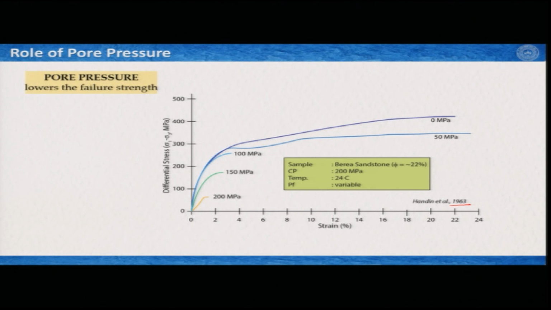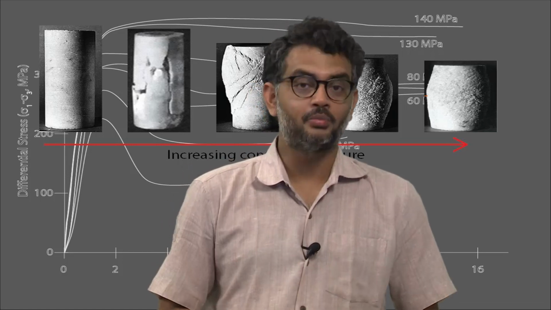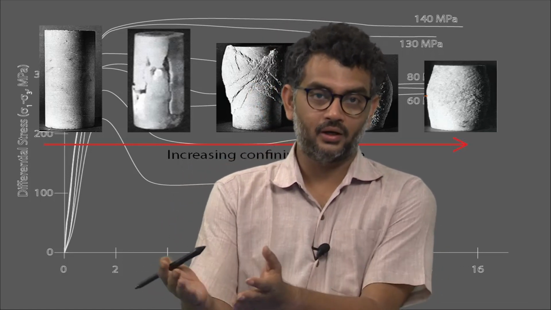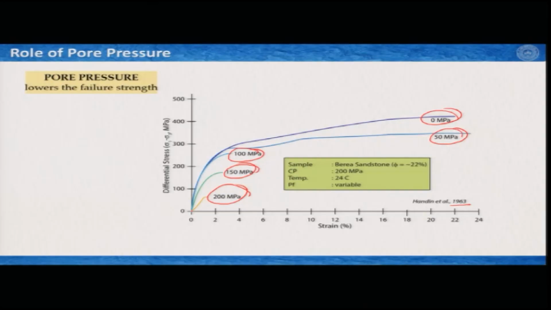The experiments were performed at room temperature, and what Handin did, he varied the pore pressure. So, these values here at the bottom of the curve, these are your pore pressure values at 200 megapascal. So, when the pore pressure is equal to the confining pressure, that means the effective pressure is almost zero, because 200 minus 200 comes to 0, close to 0. So, here we see that the strength is very low, right, this orange curve.